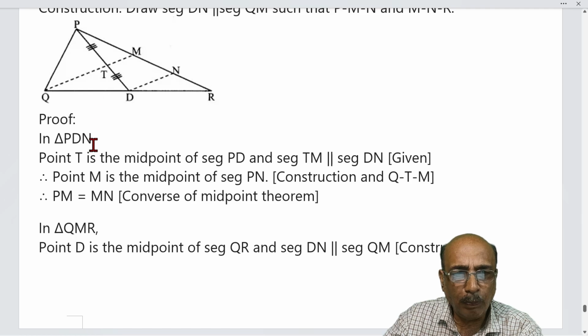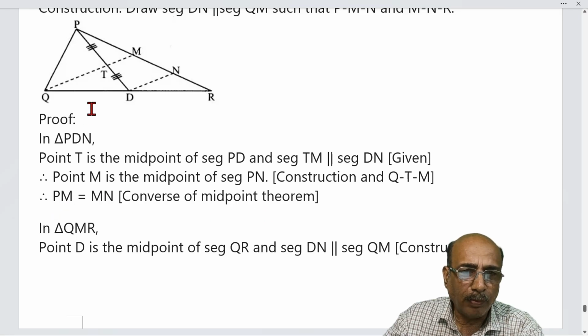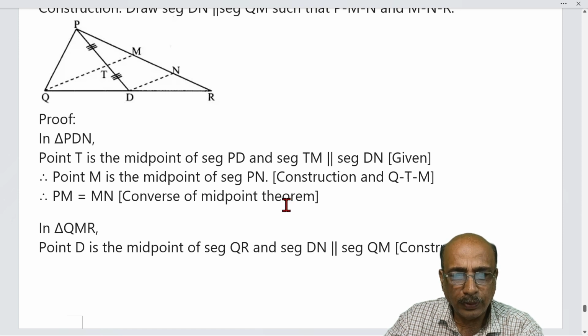In triangle PDN, point T is the midpoint, given. TM is parallel to DN, by construction. Therefore, M is the midpoint of segment PN. Therefore, PM equals MN, by the converse of the midpoint theorem.